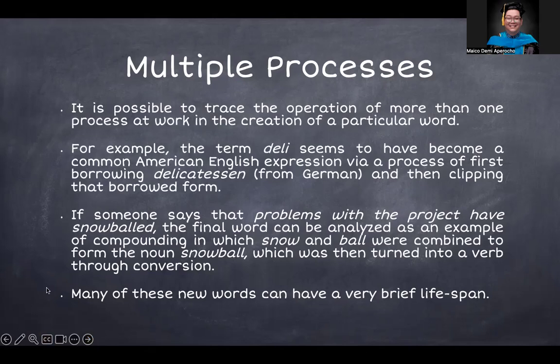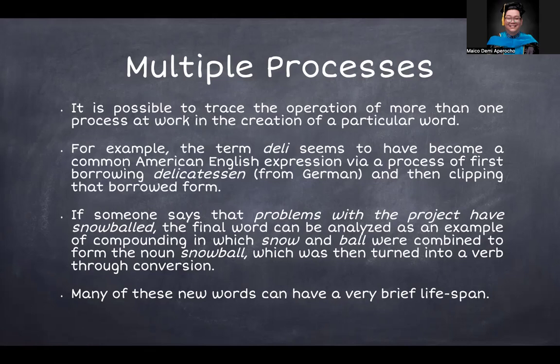Now, if someone says that problems with the project have snowballed, the final word, snowball, can be analyzed as an example of compounding, right? Snow and ball. And then, when it's combined as the word snowball, we can turn it into a verb through conversion. So, apparently, when we affix ed, it's now a verb.